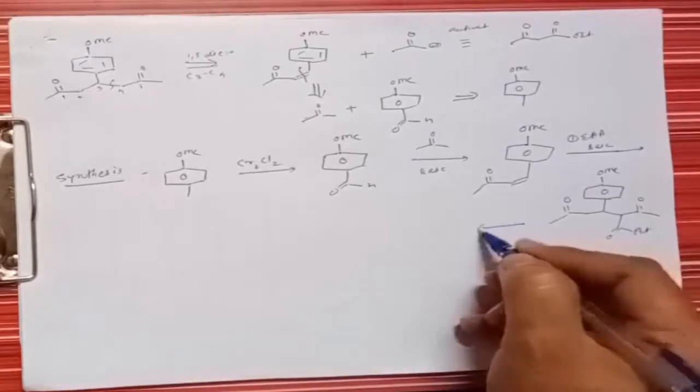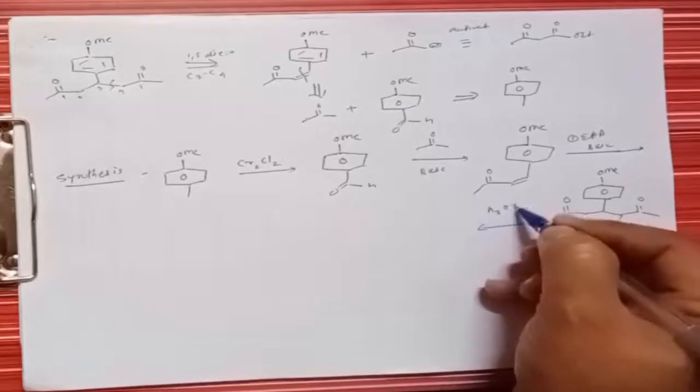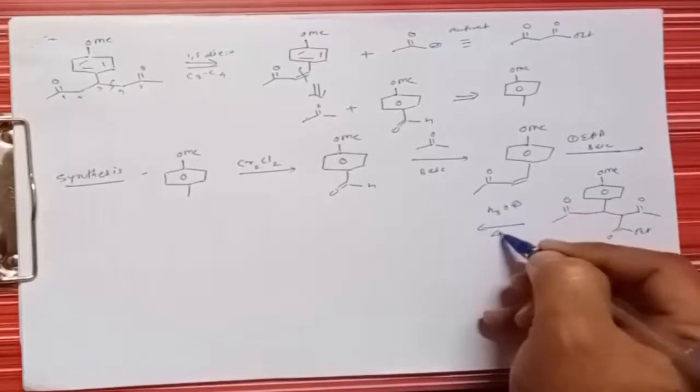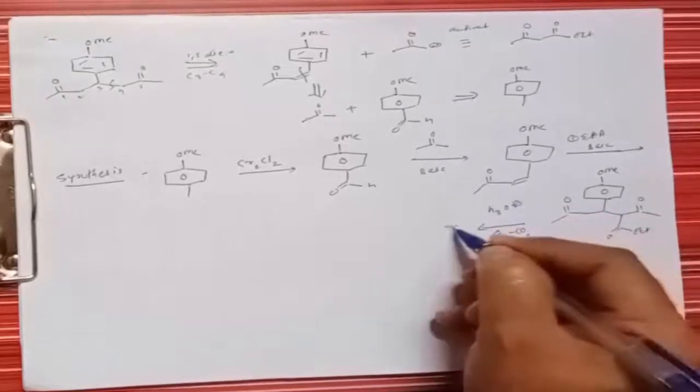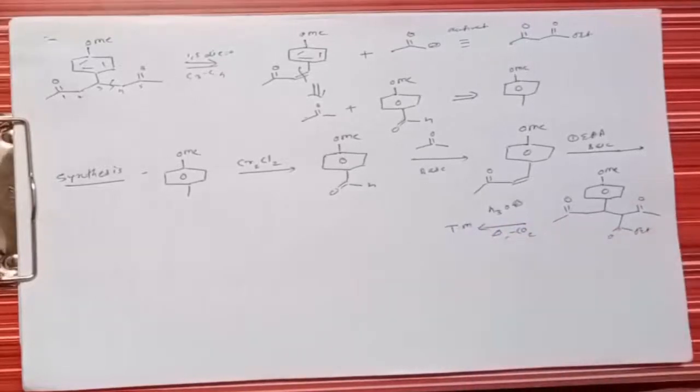And further if you go for hydrolysis and then decarboxylation, it gives formation of the target molecule. So in this way, this molecule is very simple and it can be easily prepared by using a 1,5-dicarbonyl pattern system. So with this I can stop here. The remaining will be discussed in the next lecture. Thank you.